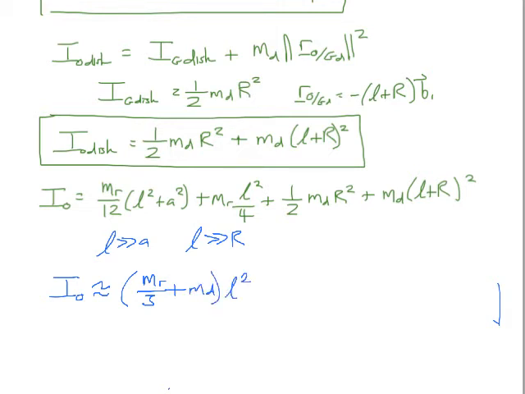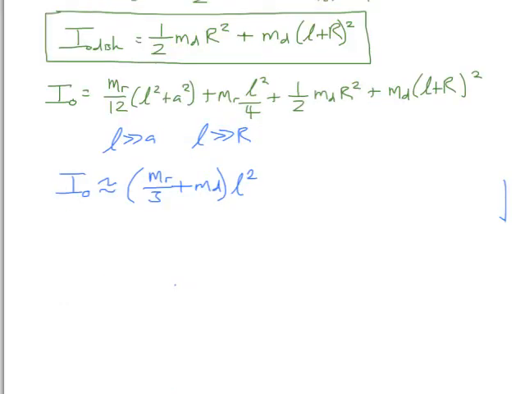So it only becomes a function of the length of the rod, but we still consider that we have the mass of the disk, though really this is essentially saying that the mass of the disk is at the end of the length of the rod. And then we retain our mass of the rod over 3, but we've taken out the width A, which is also the same as the moment of inertia of a slender rod about its end point.